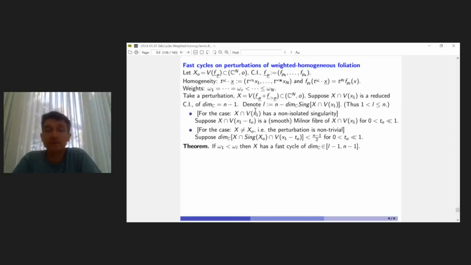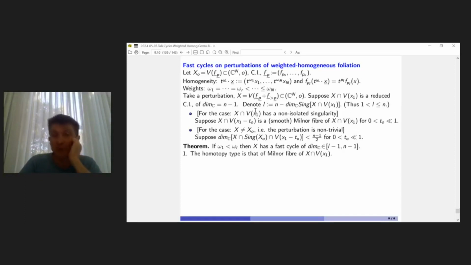If the lowest weight is smaller than omega L, then X has a fast cycle. Its real dimension, of course, not complex, sorry, the typo, is in this region, and I could not be more detailed here because there are different homotopic dimensions of the Milnor fiber.